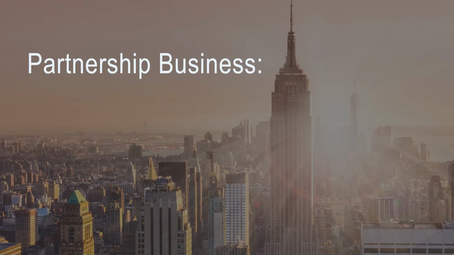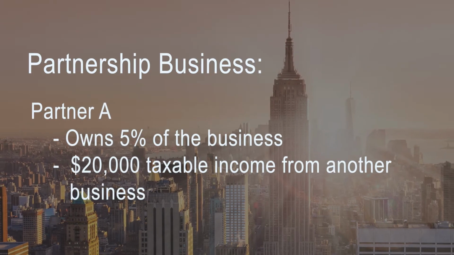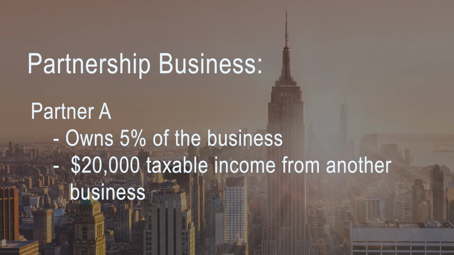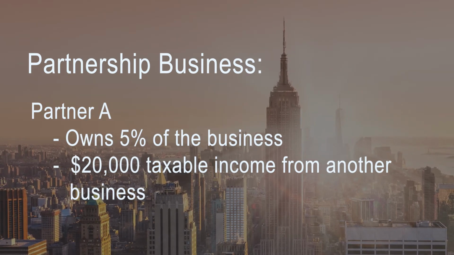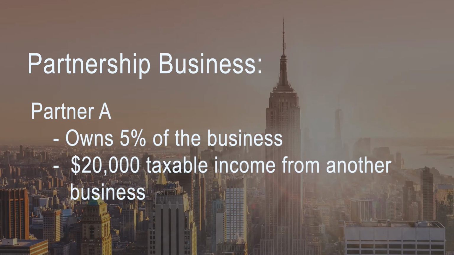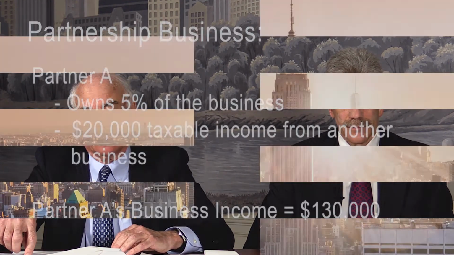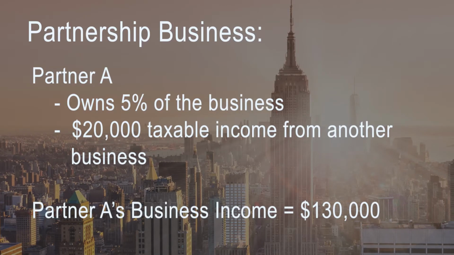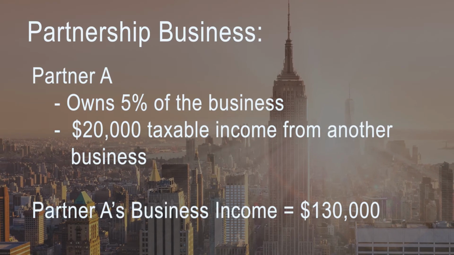That was good, Stuart. Let's assume for the moment that this business is conducted in a partnership with the same numbers, and assume we have partner A, who's a 5% partner, and assume that that partner has $20,000 of taxable income unrelated to this business. His share of the income from the business is $130,000, 5% of $2,600,000.